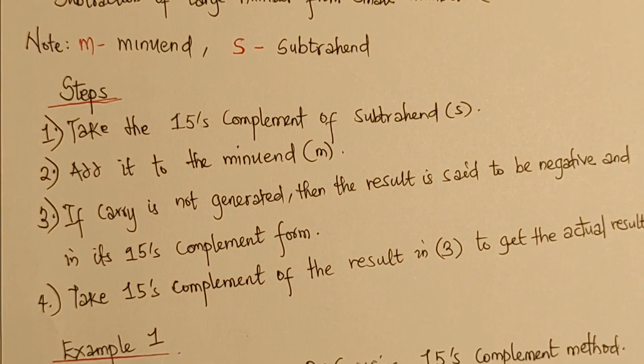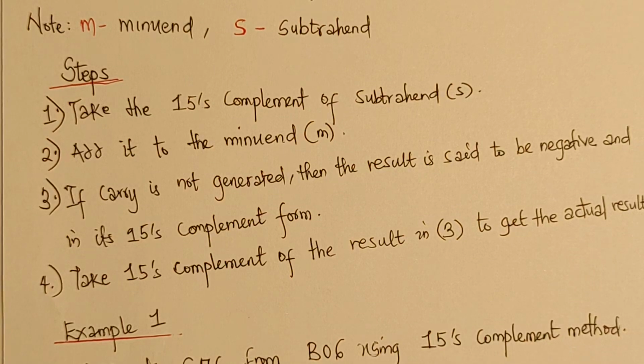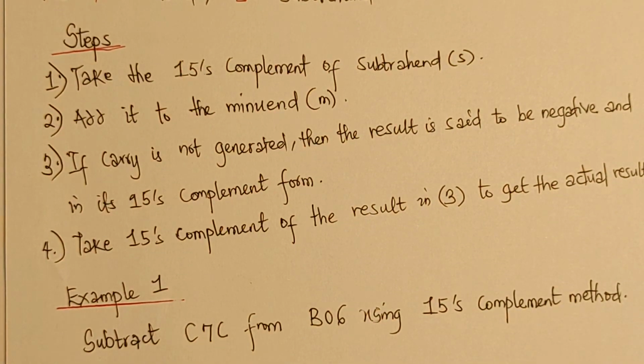We are asked to subtract C7C from B06 using the 15th complement method. Maybe you are in the examination hall and the question is written like this. Remember 2 important things: you need to identify what the minuend and the subtrahend are, and also what method you are required to work with.